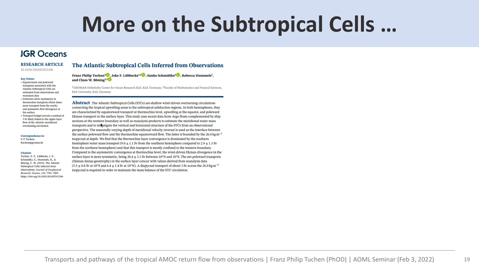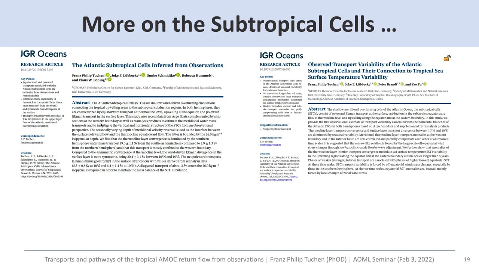Then we've seen that the diapycnal transport into the STC layer and the tropics is roughly about a third of the previous estimates. So this could be quite an important term, or is an important term in STC estimates, and likely due to the high resolution it's now lower than previously estimated.